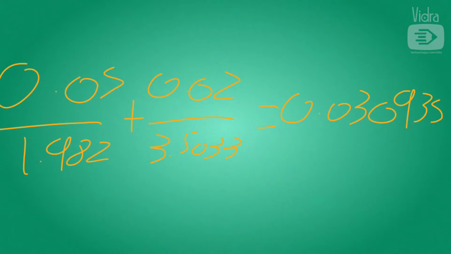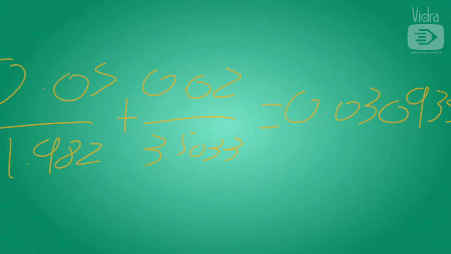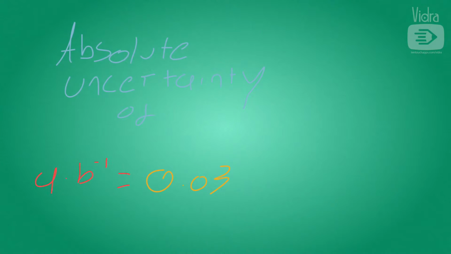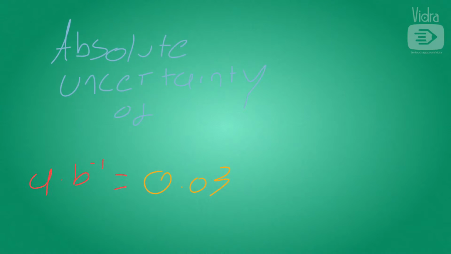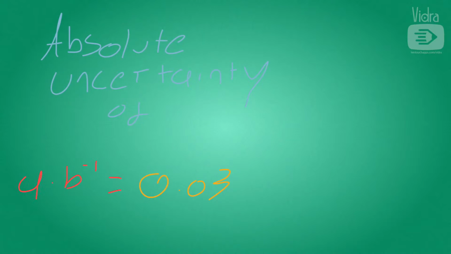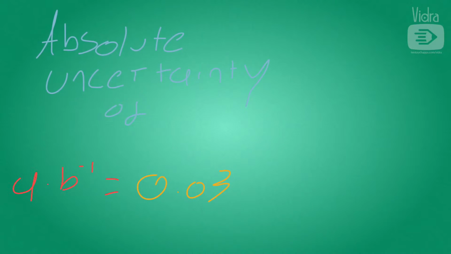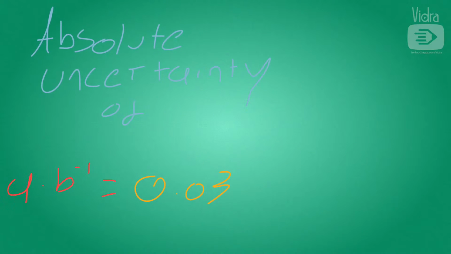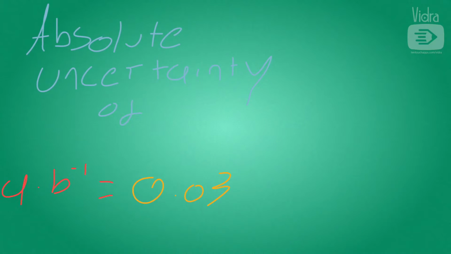We do the same to our answer, so the absolute uncertainty of A times B minus 1 is equal to 0.03.